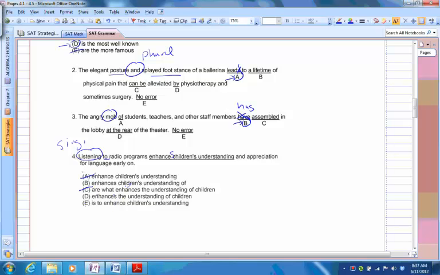I would probably go with B because it has the right parallel structure. That's one we'll talk about later. But enhances children's understanding of and appreciation for. So the children have 2 things: the children's understanding of and appreciation for. So things are structured the same way. So we go with B instead of D or E.